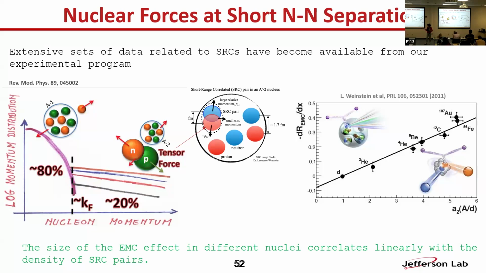And I found that almost 20% of these particles are highly correlated. This is a short range correlation. So there are pairs in the nucleus which have large relative momentum and a small center of mass momentum. So they are back to back.